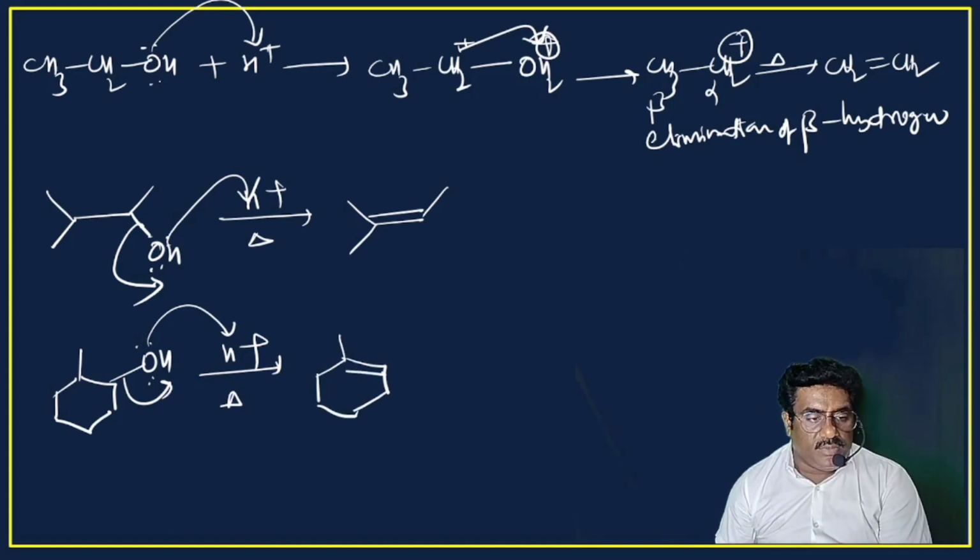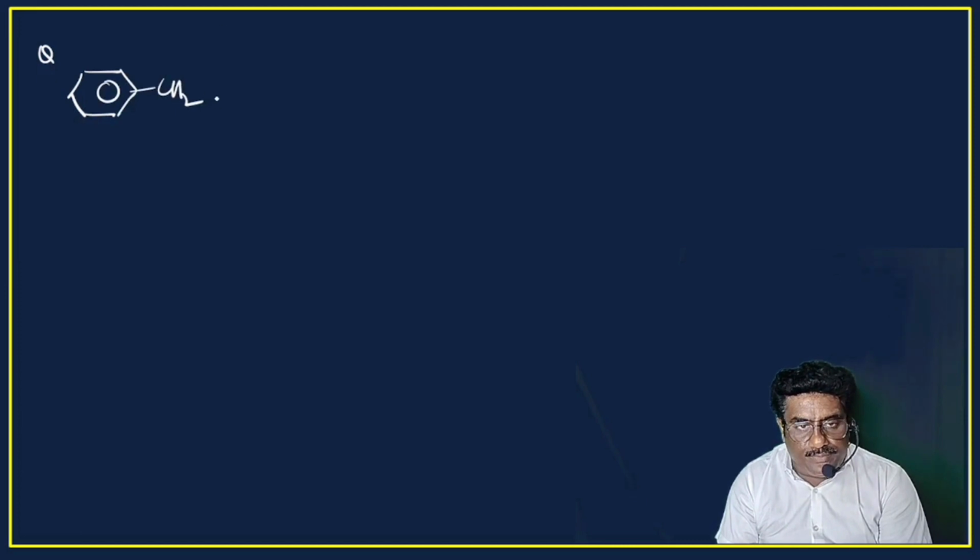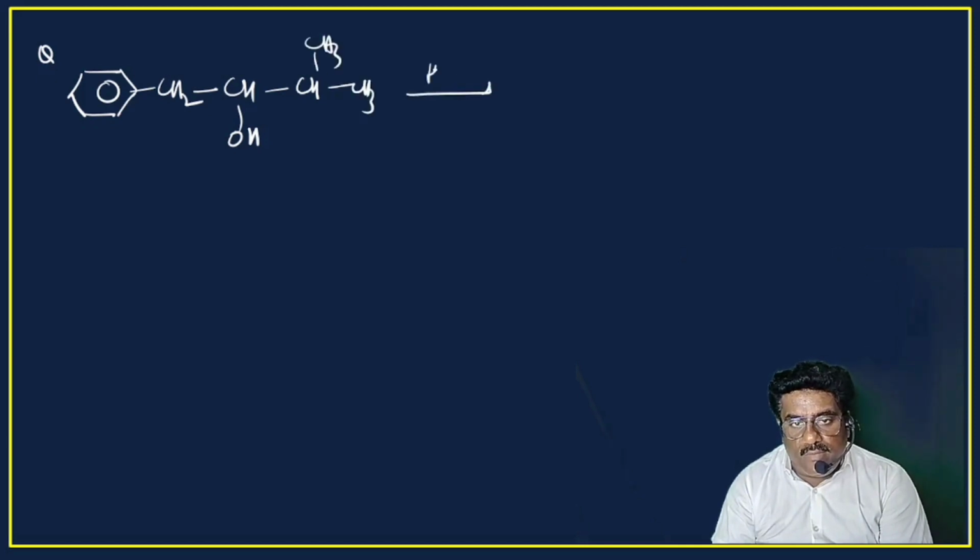Again, one more example. CH2, CH, OH, CH3, CH3 in presence of H plus with heating. Here OH is protonated, forming OH2 plus. So what is the product?